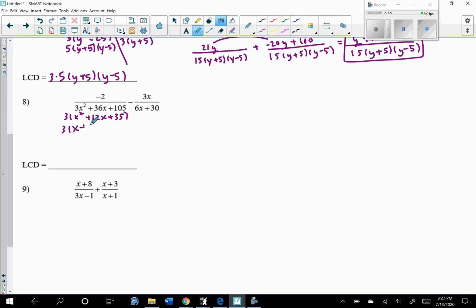So x plus 5 times x plus 7. And then over here we have a greatest common factor of 6. And 6 breaks down into 2 times 3. So this is 2 times 3 times x plus 5 times x plus 7.